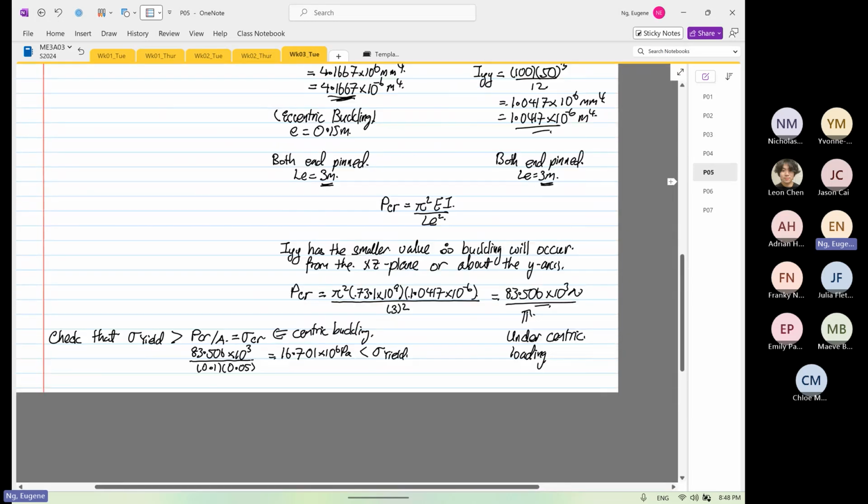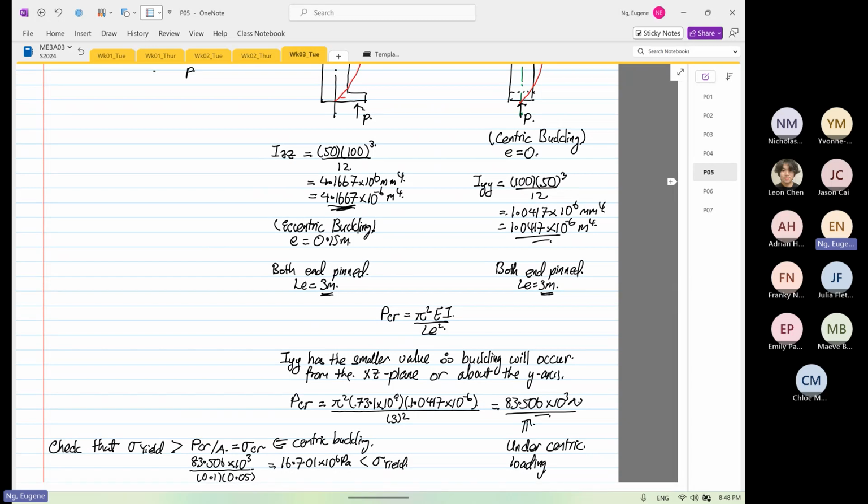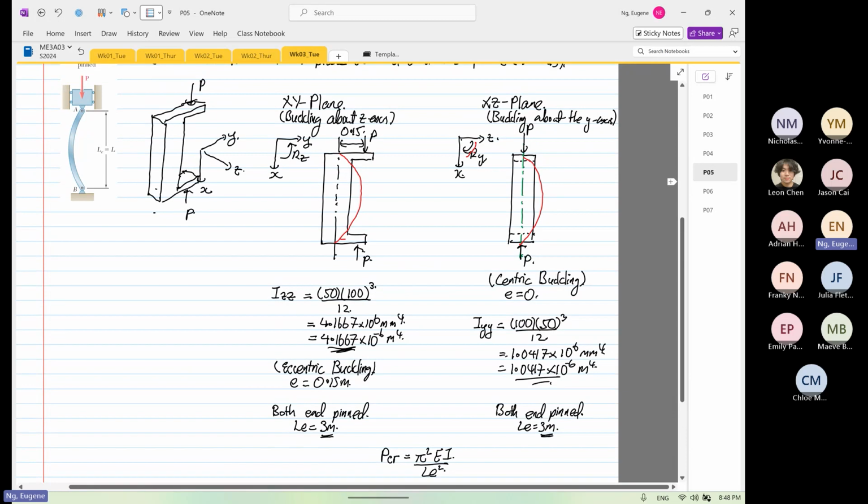If we were to use the other formula, we are going to look at the stress based on eccentric loading now. So I'm going to copy this diagram.